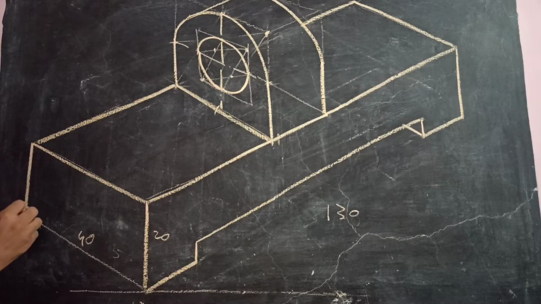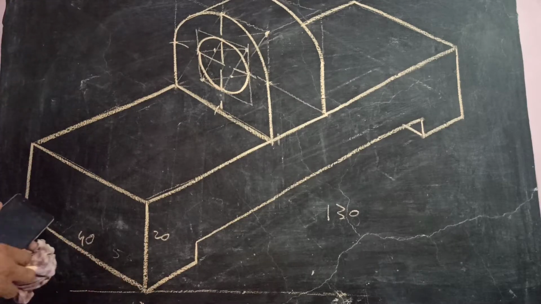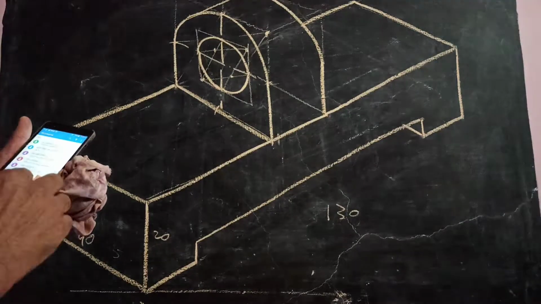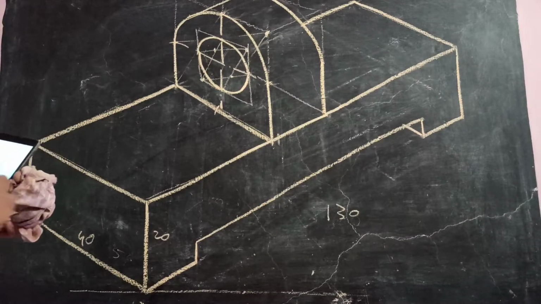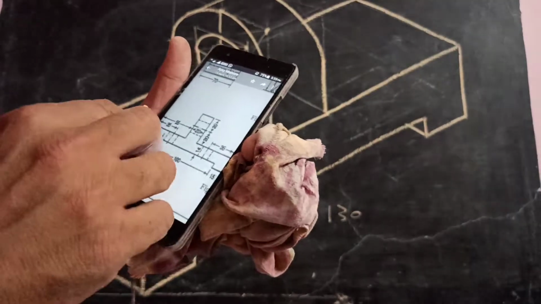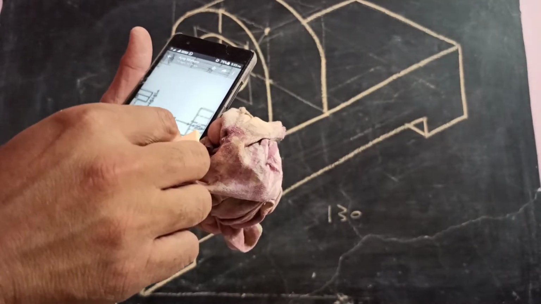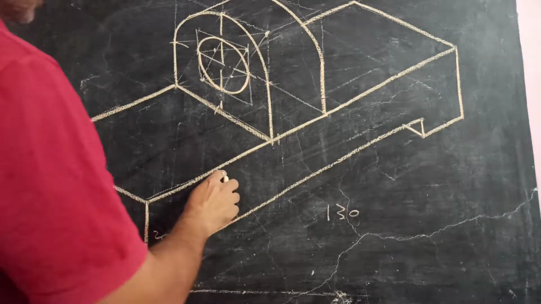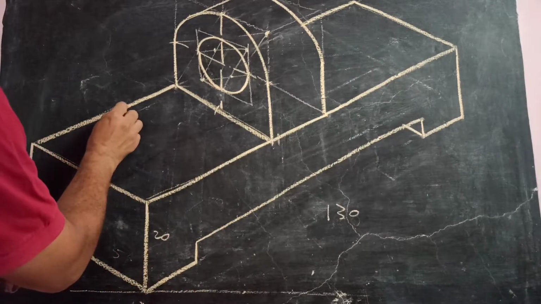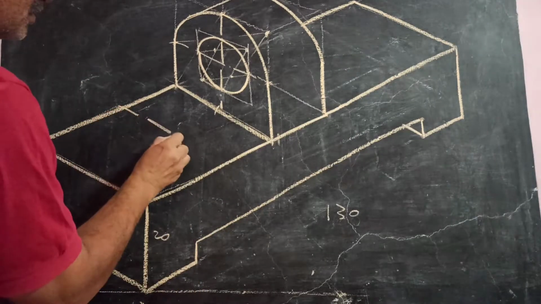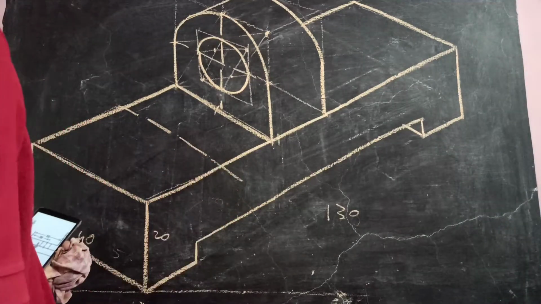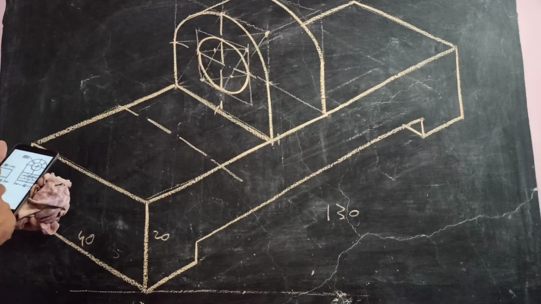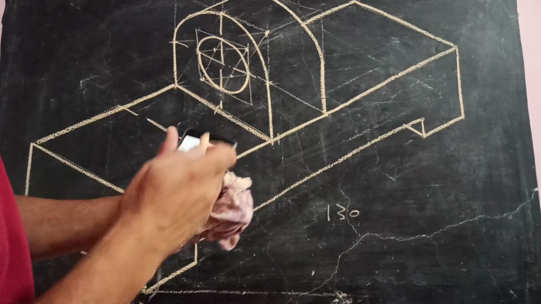So make it dark. Now two things are remaining, these holes. This hole center line you can locate at 35 from here. So from here 35 somewhere else here. So you mark this center line parallel to this, and this center line is in between this.